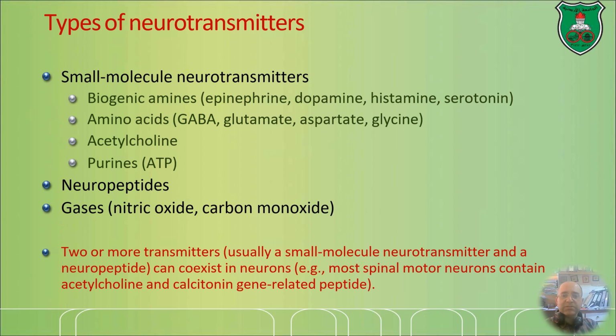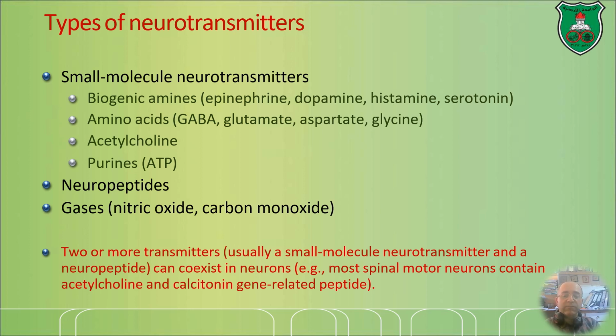كانوا in the past يعتقدوا بأنه every neuron has its own small molecule neurotransmitter. طيب كانوا يعتقدوا إنه في كل نيورون or group of neurons في لهم small molecule neurotransmitter only and a neuropeptide only. لكن it turns out recently إنه في عنا neurons that can contain more than one small molecule neurotransmitter.